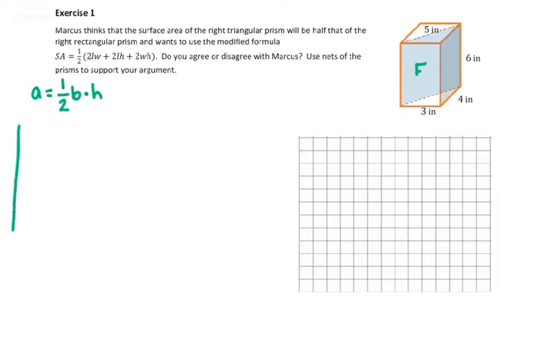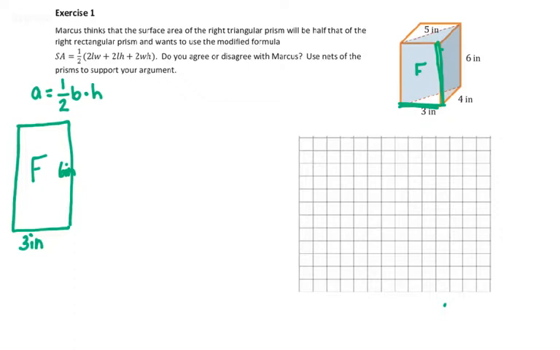So I've got a rectangle here, and it is 3 inches wide and 6 inches tall. And this is the front of my triangular prism.